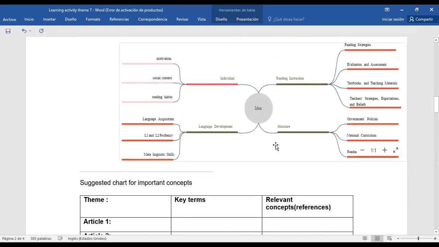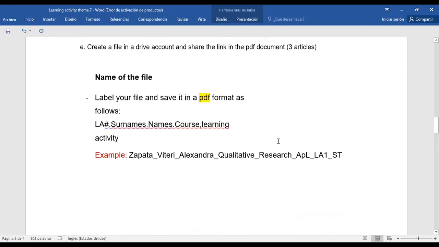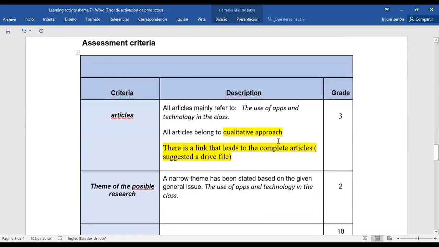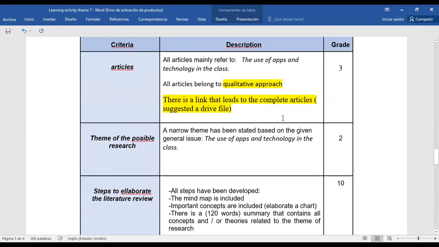Because of course the methodology is different, okay? So qualitative studies. And the link has to give easy access, with public access. 3 points for that.